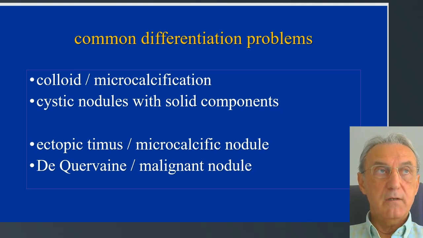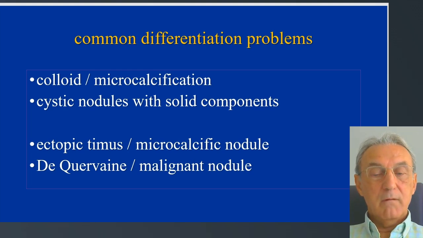Sometimes we can see the comet tail artifact distal to the colloid, and then we can be sure this is colloid. But sometimes within the tissue, squeezed within the tissue, colloid may not give comet tail artifact, so we cannot differentiate them. We must call them punctate echoes.